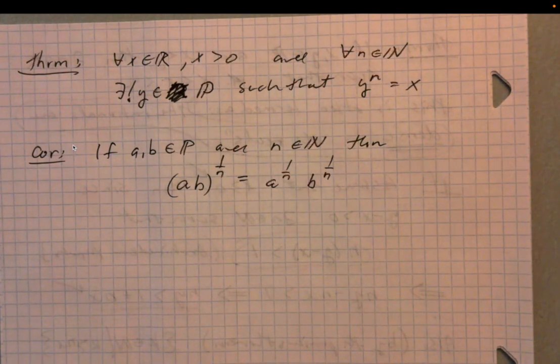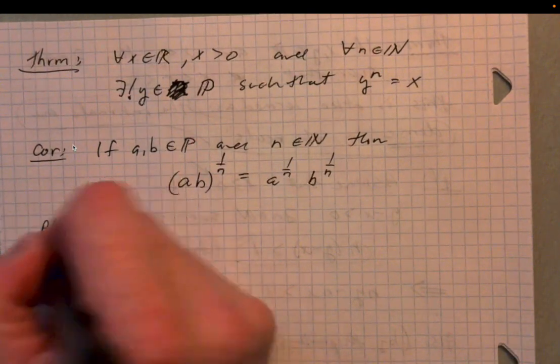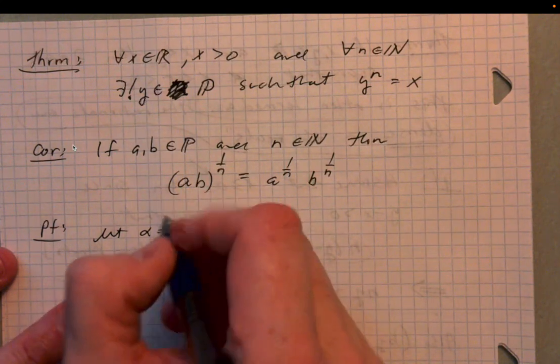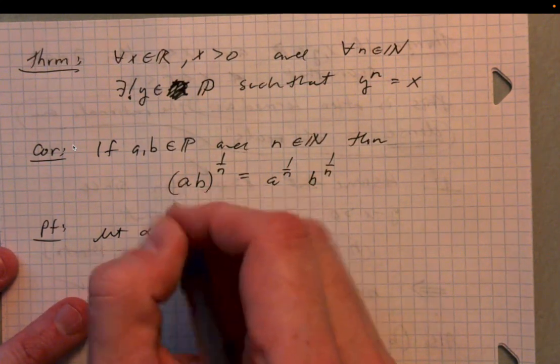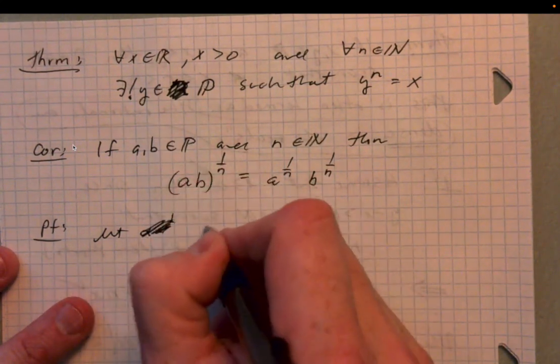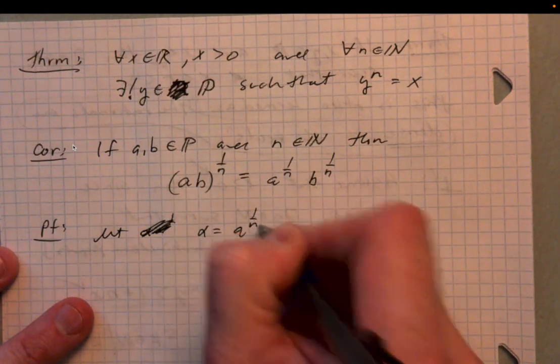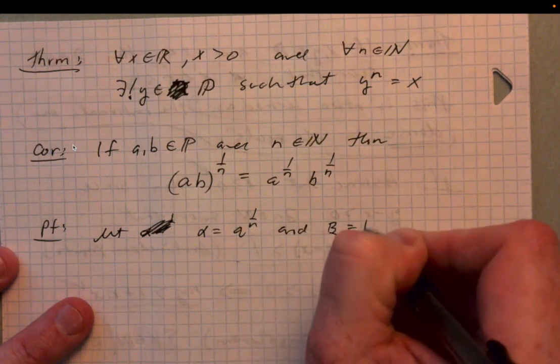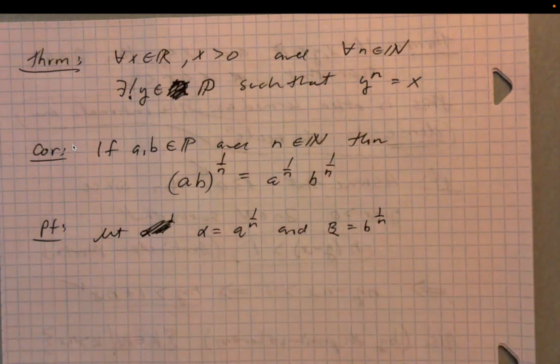Okay, now this is an easy one to prove, so let's do it quick. Let alpha be equal to a to the 1 over n power, and beta equal to b to the 1 over n power.